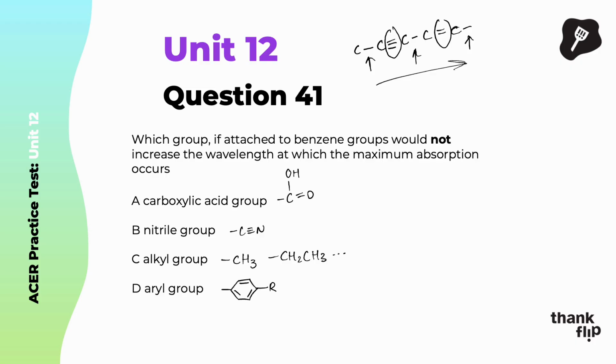And so that relates to our question 41, because question 41 is asking which of the following groups, if you attach it to a benzene group, would not increase the wavelength at which the maximum absorption occurs. So you will increase the wavelength when you increase the number of conjugated bonds.